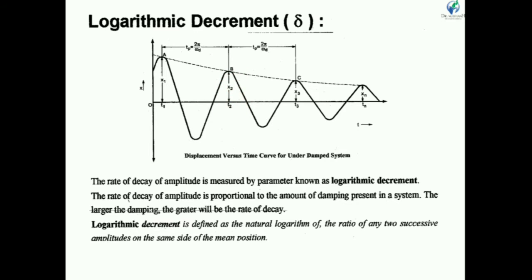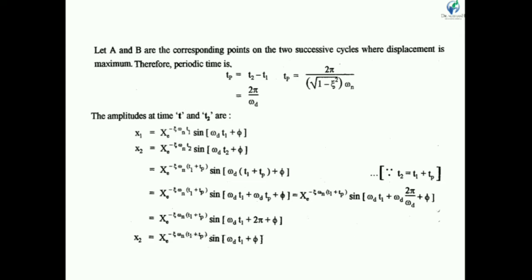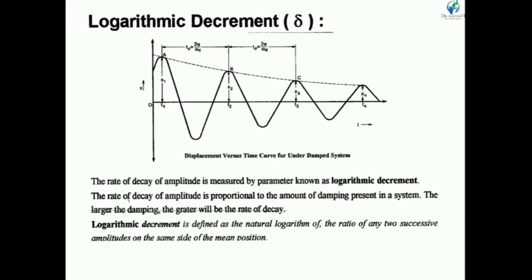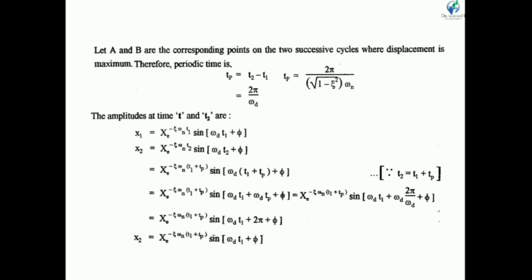We have to consider any two successive cycles. So log of x1 upon x2, the ratio of any two successive amplitudes, is known as the logarithmic decrement. Let A and B be two corresponding points on successive cycles where displacement is maximum. This is position A and position B.